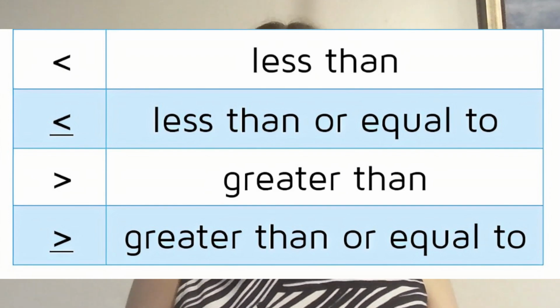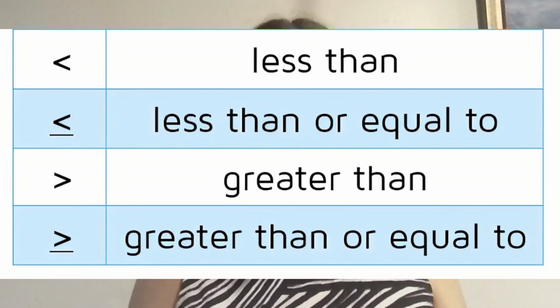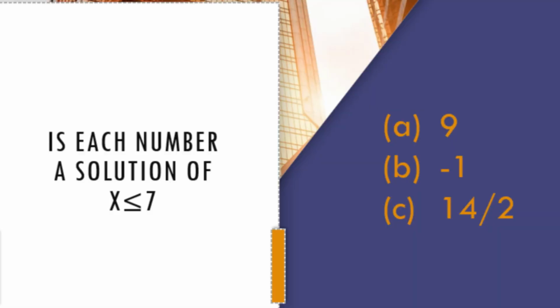So remember, our inequality signs are less than, greater than, less than or equal, or greater than or equal. Now, I want you to consider the following. Is each number a solution of this inequality?